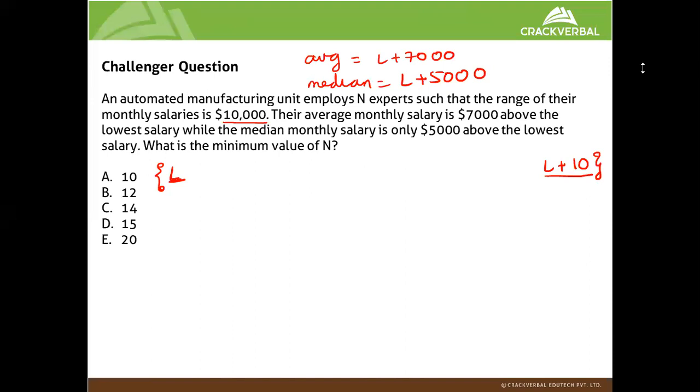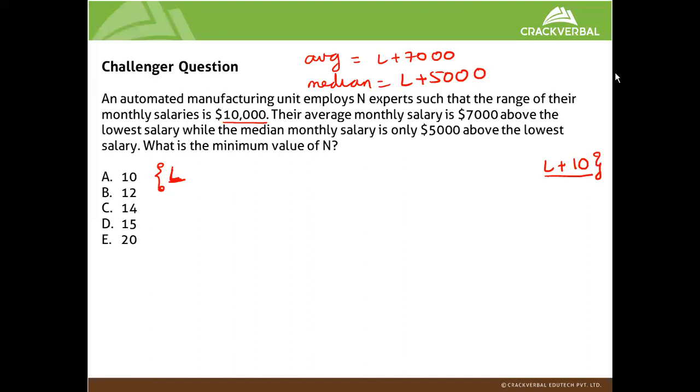Perfect. All right. That's one way to look at it. Then you took the values as 10 and worked with your answer choices to figure it out from that, right? Perfect.